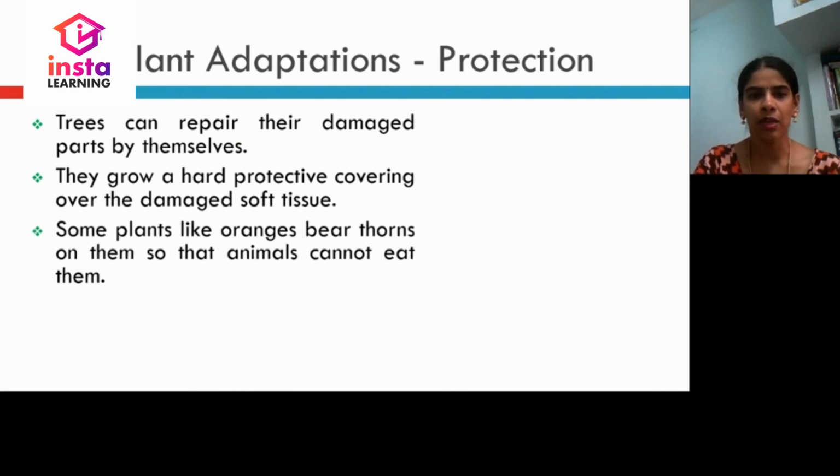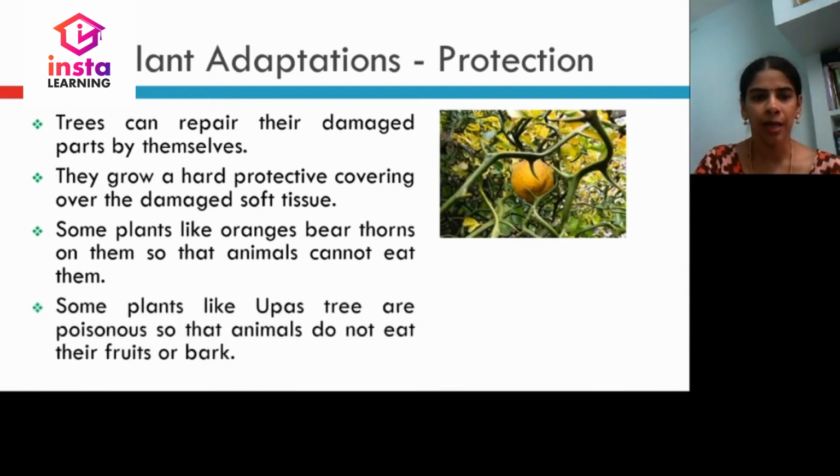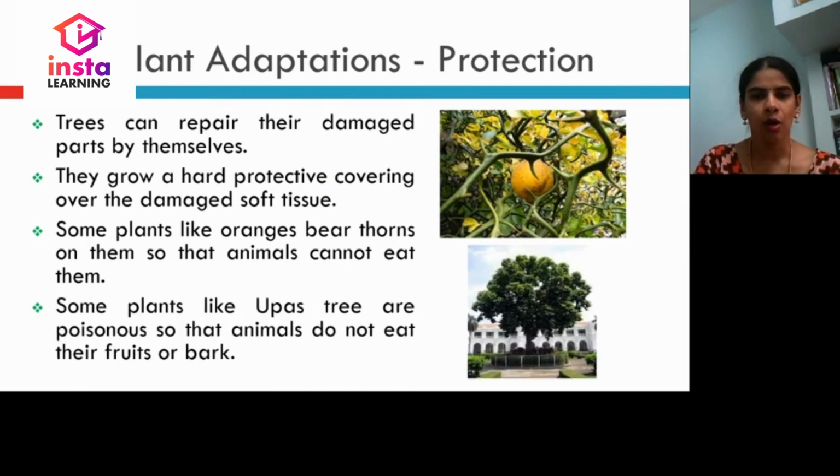Some plants, like oranges, bear thorns so that animals cannot eat them. Some plants like the upas tree are poisonous so that animals do not eat their fruits or bark. Upas trees are also called legend trees.